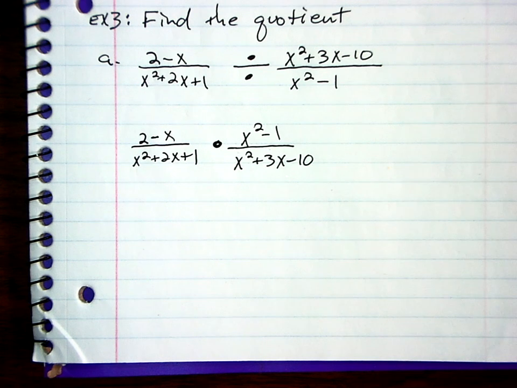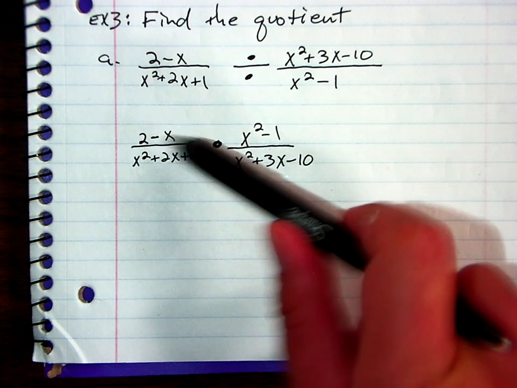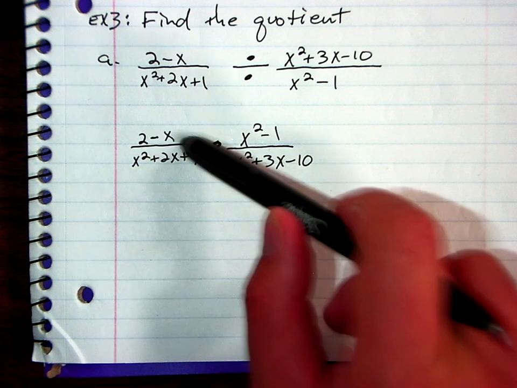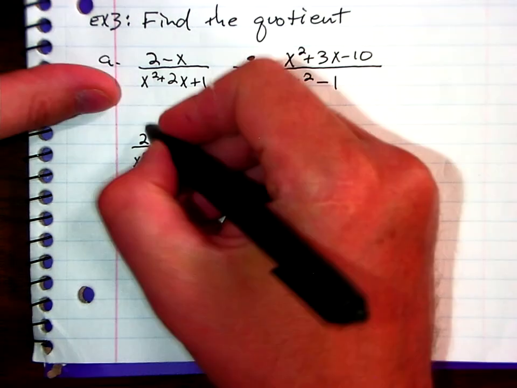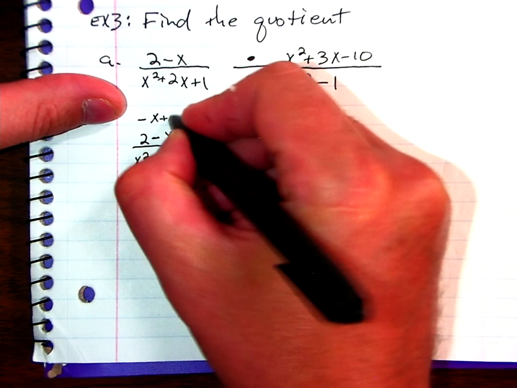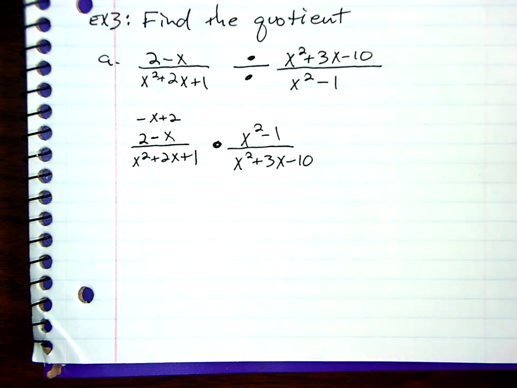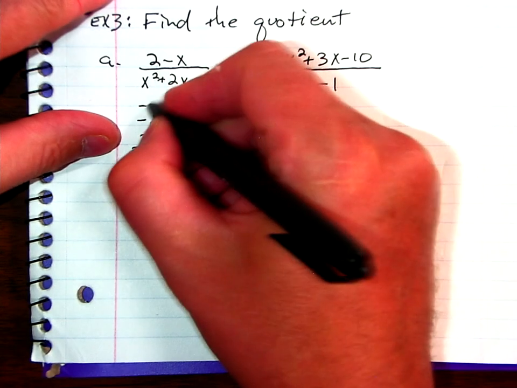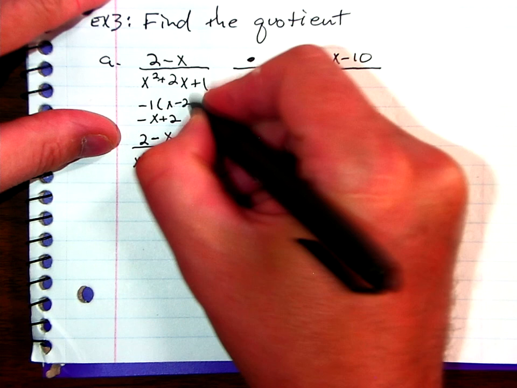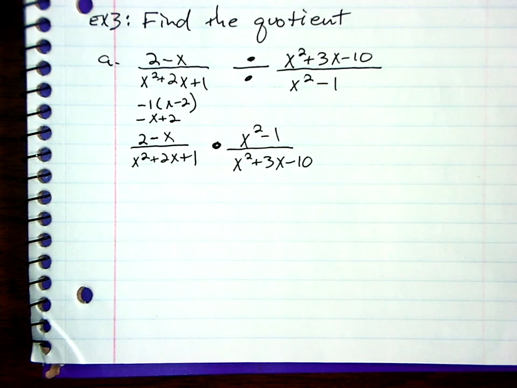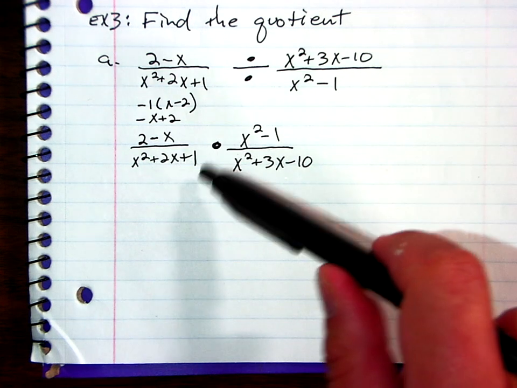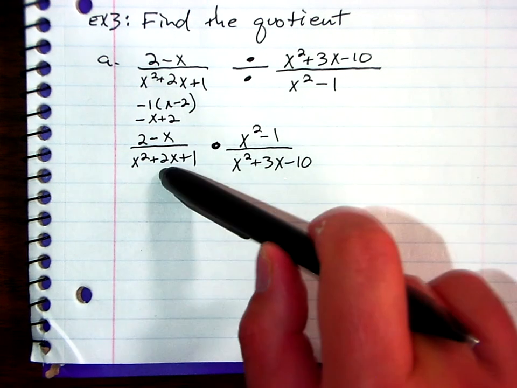Alright, so now we just solve it like we did on the other one. The only thing is this is not in standard form, so I would rewrite it as negative x plus 2, and then as negative 1 times x minus 2. What are my factors of 1 that equal 2?